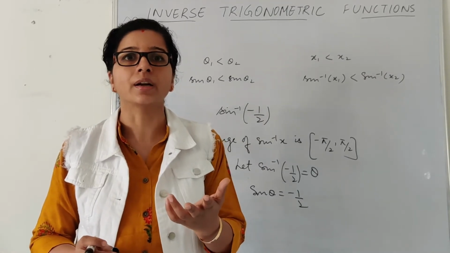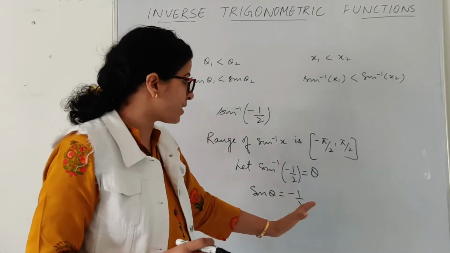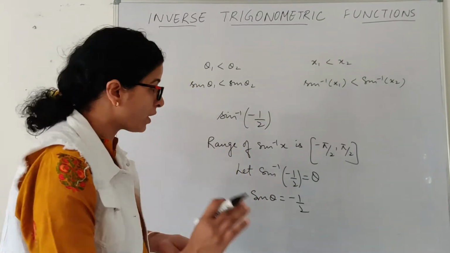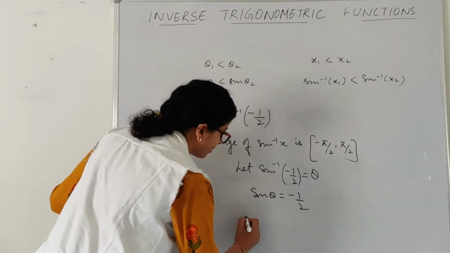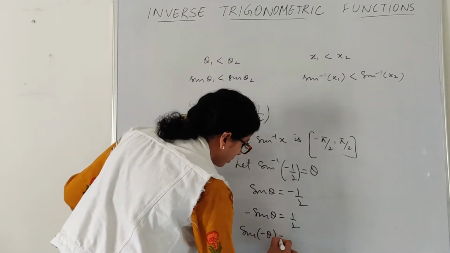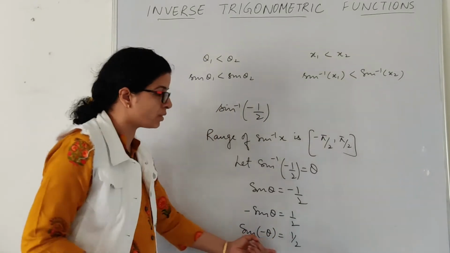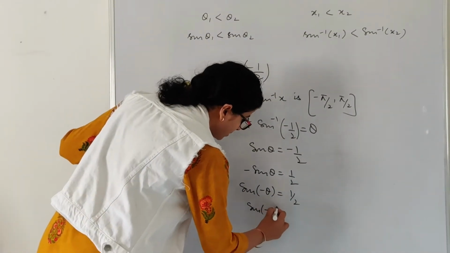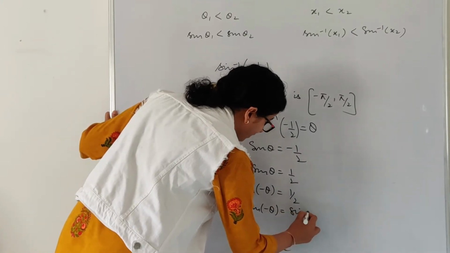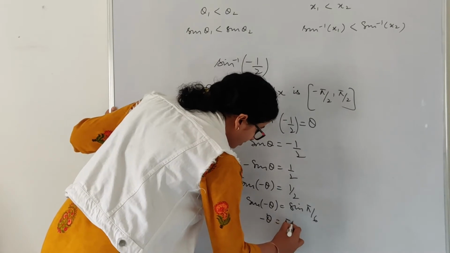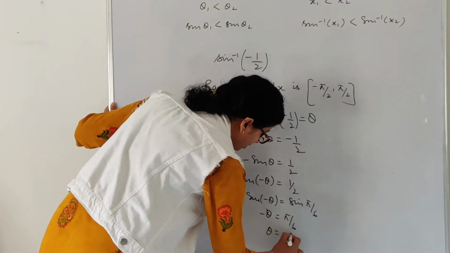Is that clear? So the concept I am going to use here is the sin(−θ) concept. So what you can do to make it easier, you can bring the minus sign to this side, and sin(−θ) is equal to −sin θ. This concept you can use in this case. Is that clear? So sin(−θ) is equal to sin π/6. So −θ is equal to π/6. θ is equal to −π/6, right?